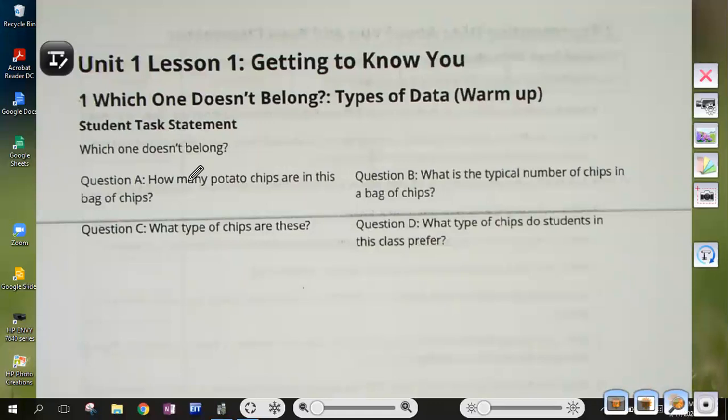And make sure if you have one that you think doesn't belong, make sure you have an explanation of why it doesn't belong. You don't have to write it all out, but like a bullet point or something that you're ready to talk about.